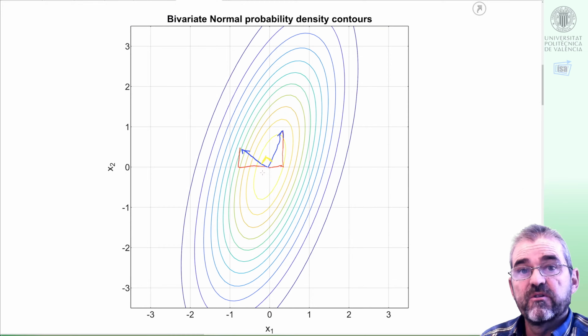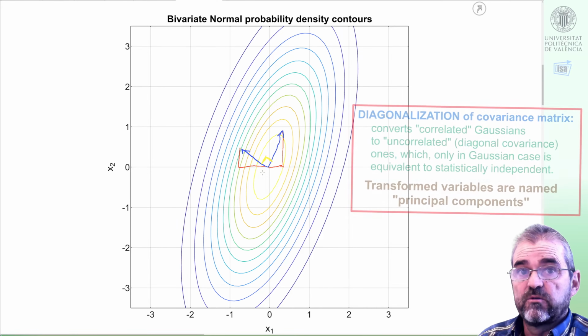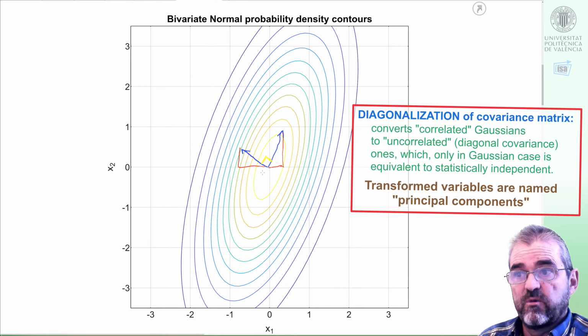These directions will be important in the equal probability ellipsoids, and as they diagonalize the matrix, they convert the correlated normal variables to another representation in which the covariance matrix is diagonal, uncorrelated, and that representation is called principal components, which graphically would be making a change of variable.